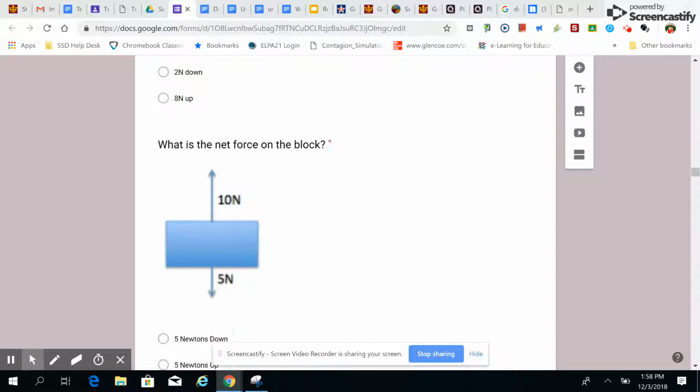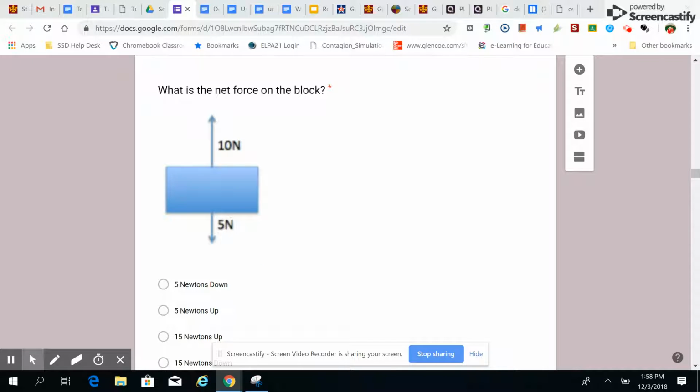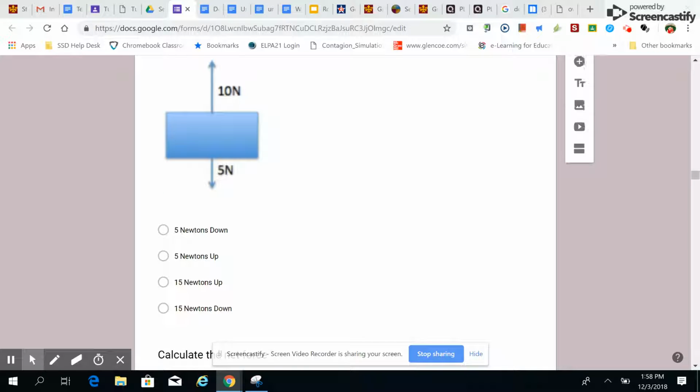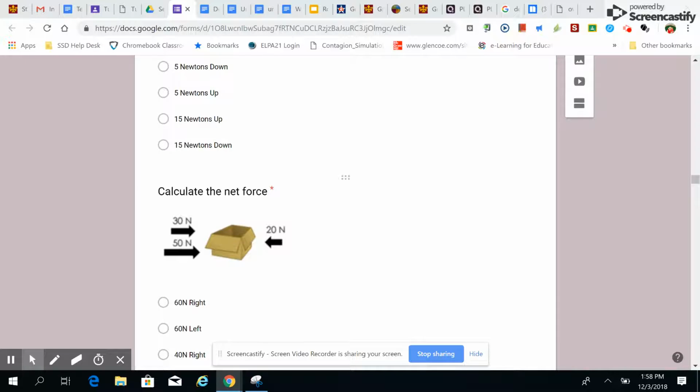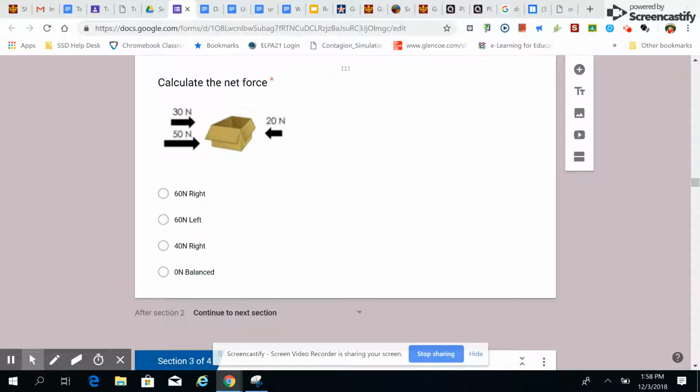What is the net force on the block? 5 newtons down, 5 newtons up, 15 newtons up, 15 newtons down. Calculate the net force. 60 newtons right, 60 newtons left, 40 newtons right, 0 newtons balanced.